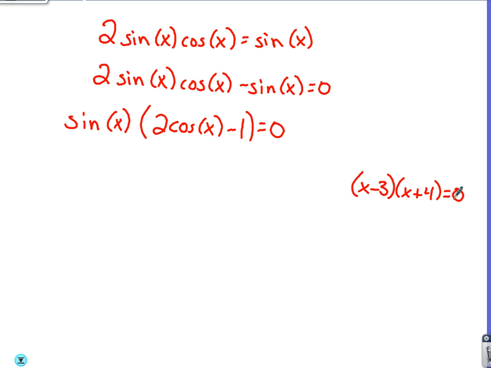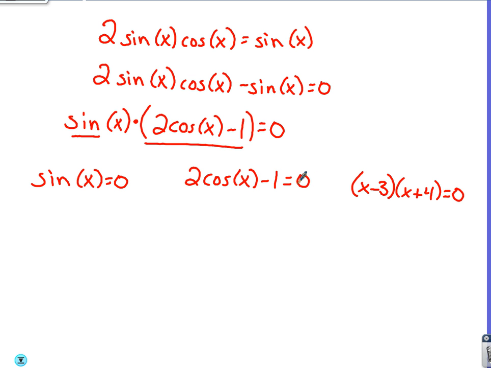So what we can do now that we've filtered out the sine away from the cosine stuff, since these two things multiply together to give us 0, then I know that either the sine of x has to be 0 or 2 times the cosine of x minus 1 has to be 0. The first one we just finished solving. Pretty much what you've got now is two different equations. You turn one equation into two separate equations. Let's solve the first one.